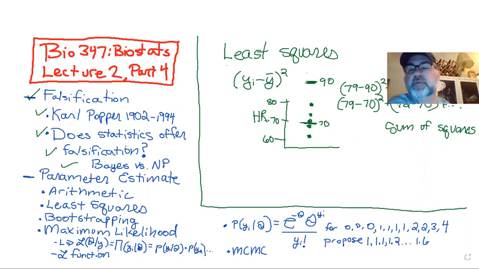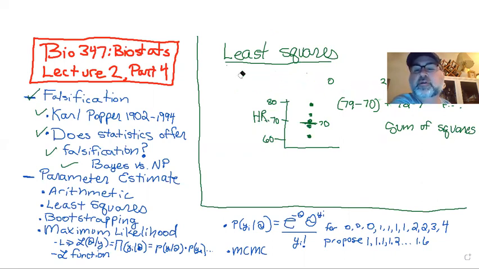These numbers are going to be much larger than these numbers. So an average of 90 will not give you the least squares, the least sum of squares, right? That's what that means. The least would be the smallest sum of squares, okay? So that's for the mean.